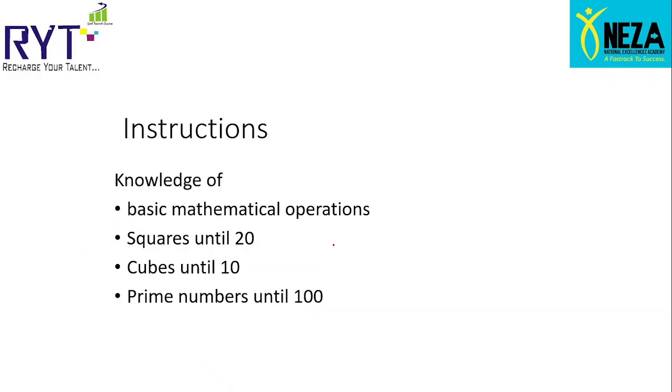Solve the questions on number series. Every student must know some basic things. If you know these basic things, it will become very easy for you. What are the basic things you should know? One is to know the basic mathematical operations, that is plus, minus, into, divided by, and how to do these calculations manually, without a calculator.